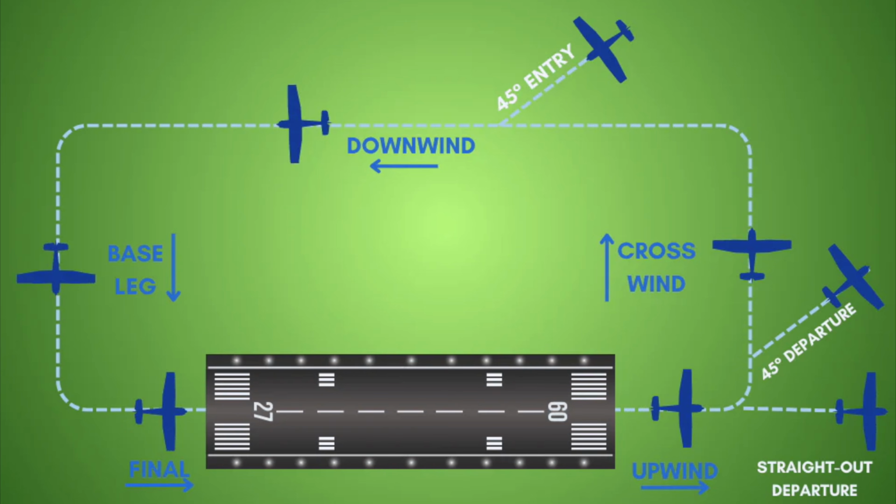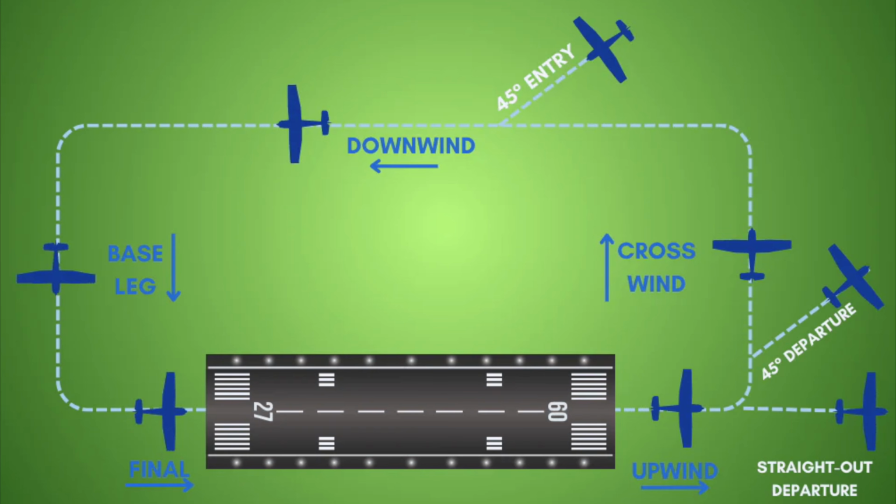The crosswind leg is the one that's perpendicular to the runway, and the reason this leg is so important is because it allows the aircraft to have separation from other aircraft. But more importantly, it leaves the aircraft in a position where it does not completely leave the area of the airport. You see how the pilot has options for departure.